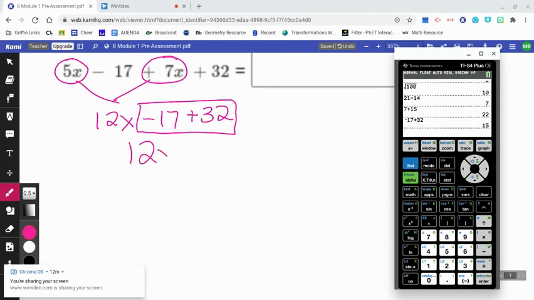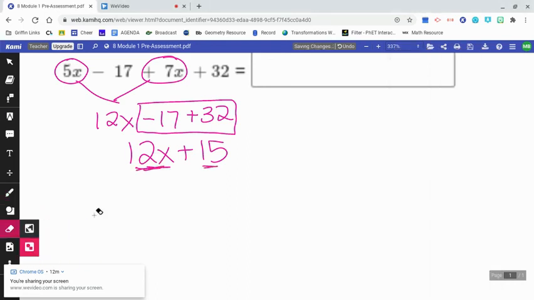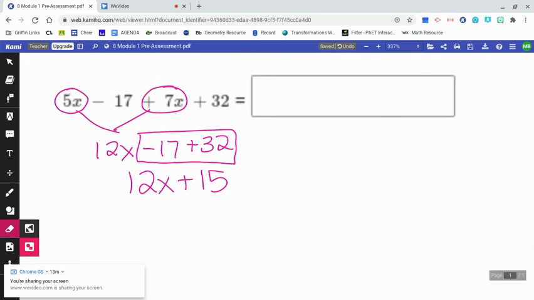So that's 12x plus 15 because it was positive. Now, we cannot combine anymore because this one has x's and this one does not. They are not like terms. Kind of like how hamburgers and french fries are not the same thing. You can't put them together. Okay, so this is actually my final answer, 12x plus 15.